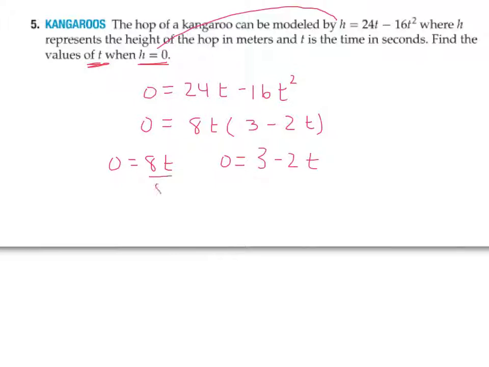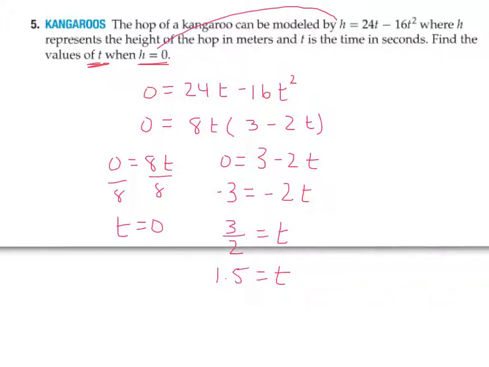So again, divide by 8, so t equals 0. I'm going to subtract the 3 over, so I have negative 3 equals negative 2t, and then I'm going to divide by negative 2. So right now I have 3 halves equals t. Now I would actually call this 1.5 equals t for a real world problem. Because that's how we talk, we say like 1.5 seconds, okay?